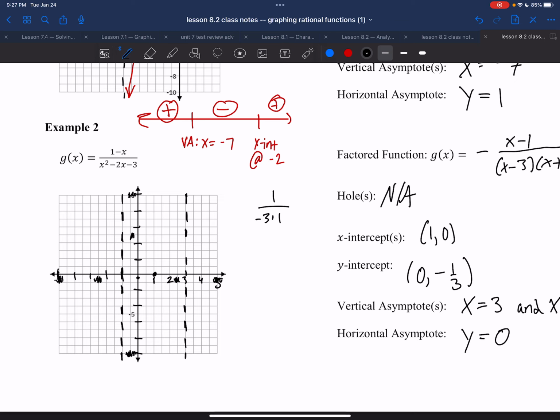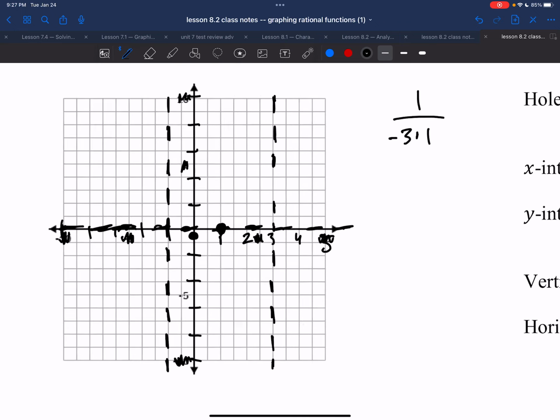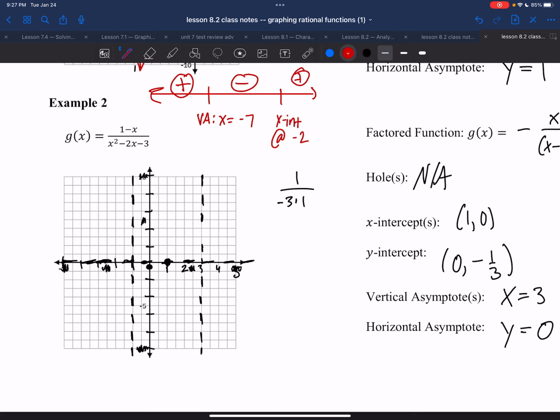Oh, I don't have my horizontal. Let me do that. Hello, Mr. Horizontal Asymptote. There it is. Now, notice, this graph is getting messy. I'm sorry. There's a nice point here, and there's a nice point here. There we go. Now let's do a little sign chart.